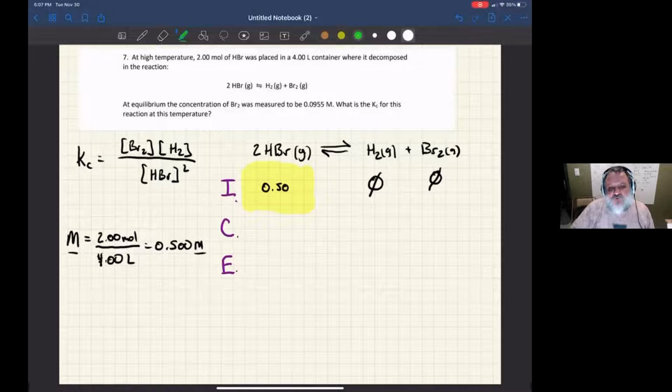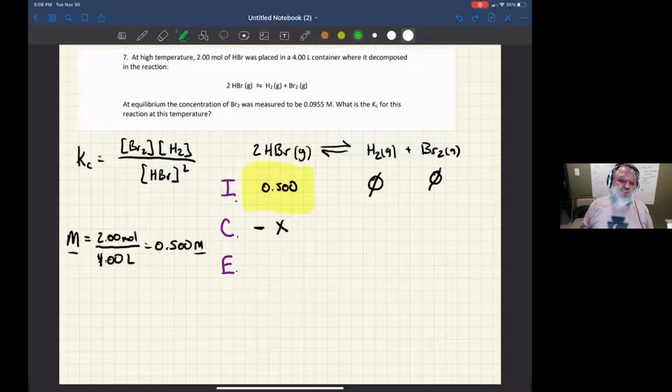So the initial concentration is 0.500. Now, how is the concentration going to change? Well, the concentration of HBr is going to go down. It's a negative sign. It's going to go down by some value, and we don't know what the value is, so let's call it X.